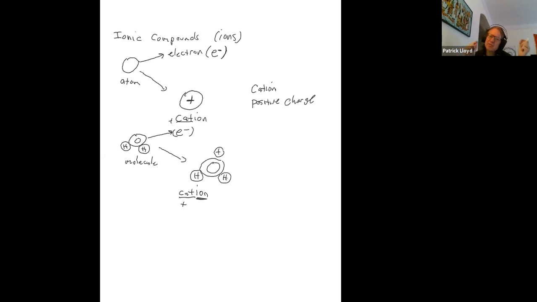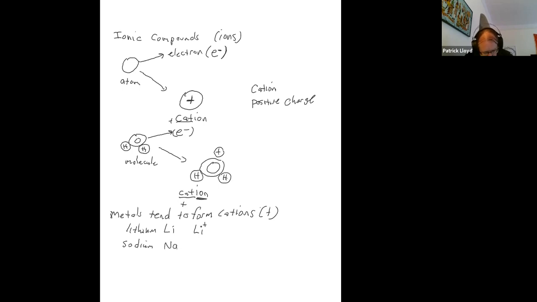Which atoms tend to make cations? Metals. Metals tend to form cations. Okay, so for example, lithium. Lithium is Li. It tends to form a cation. Okay, notice how I wrote the formula here. The symbol for the element is Li. The symbol for the cation is Li+. Another example, sodium, Na.